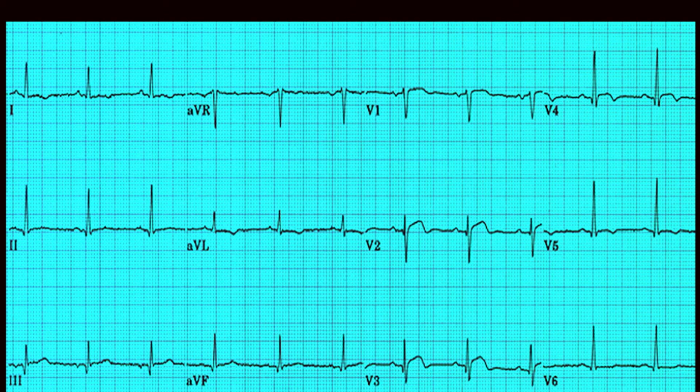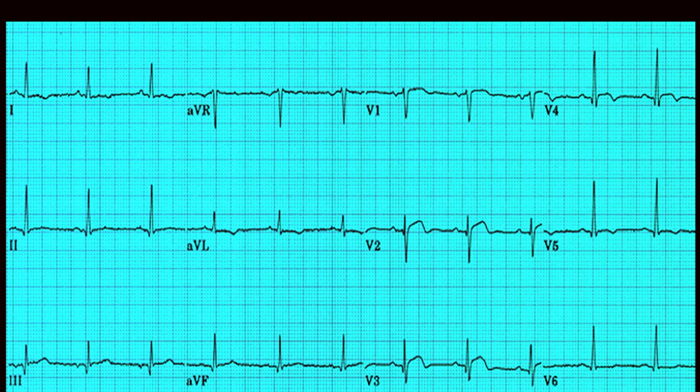In that case, you will see a positive P wave in AVR. I had told you before, by default in AVR all the complexes are negative. P is inverted, QRS is inverted, T is inverted, and if something is upright in AVR, means something is wrong. So you reassess the ECG, reevaluate the ECG, and you have to think out of the box.